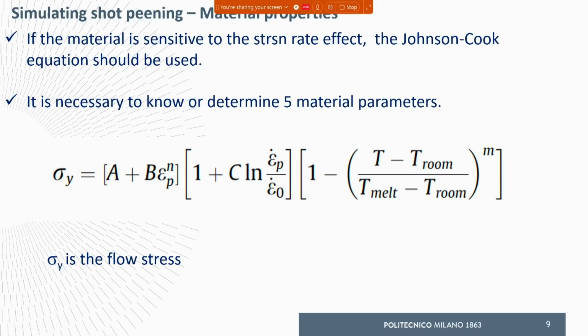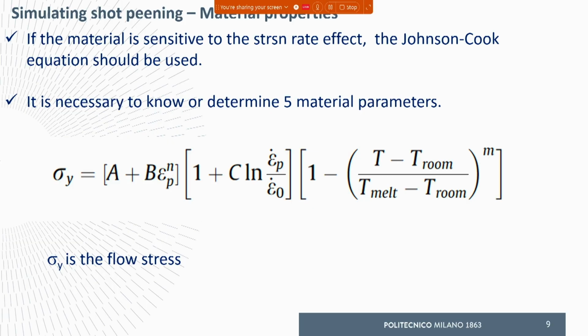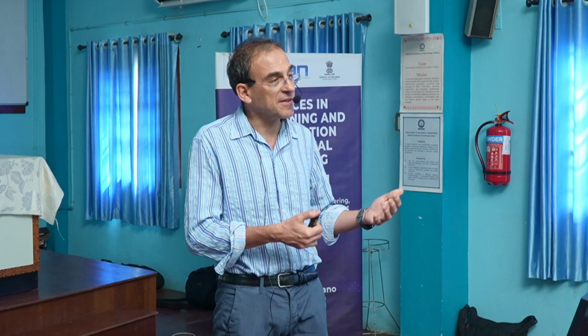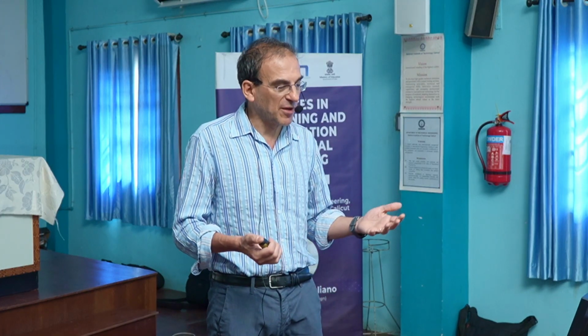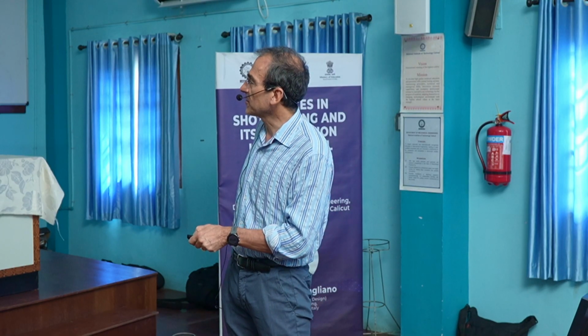Indeed, many times if shot peening is performed with soft parameters, let's say, the temperature is not changing, so we can neglect this term, and sometimes also the strain rate does not change the result in a relevant way, so also this one. In other cases, we must consider this term too. And if shot peening is very severe and induces some variation, we should consider the temperature in this case.